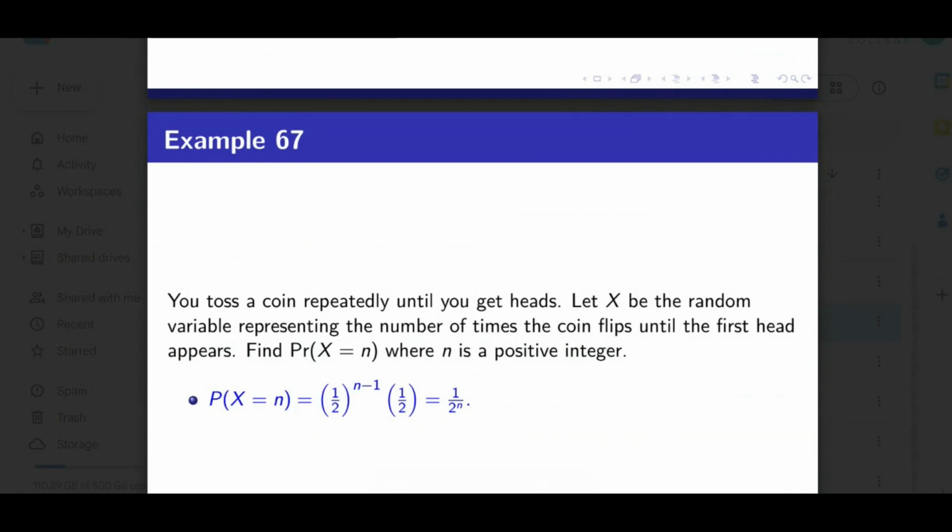Because could you toss a coin and never get a head? In theory, yes. So it could go on forever. The range of X here starts from 1. Maybe you toss once and you get a head immediately. 1, 2, 3, 4, 5, never ends. So this is what we call a countable range, but it's not finite. So it's not that discrete random variables must always have finite ranges. Anything with a finite range is discrete, but the other way around may not be true. So a discrete random variable, the definition is that the range is countable, which this one is.